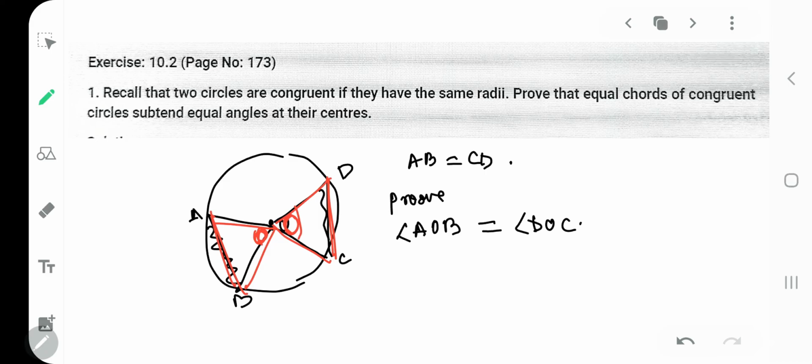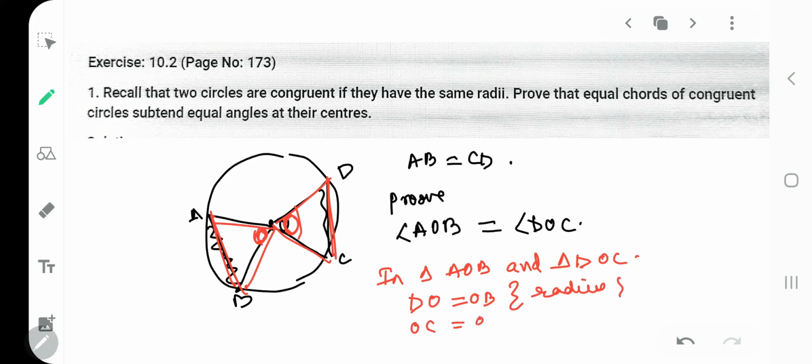Now many of you will say that these are vertically opposite angles. But rather than saying vertically opposite angles, I would love if you prove it. So how to prove this? We'll take two triangles. In triangle AOB and triangle DOC, DO is equal to OB, radius of same circle.